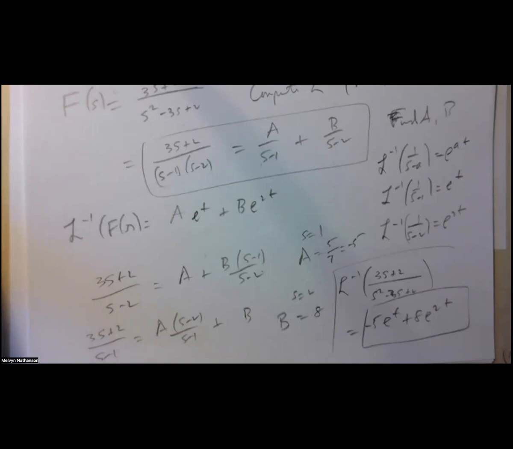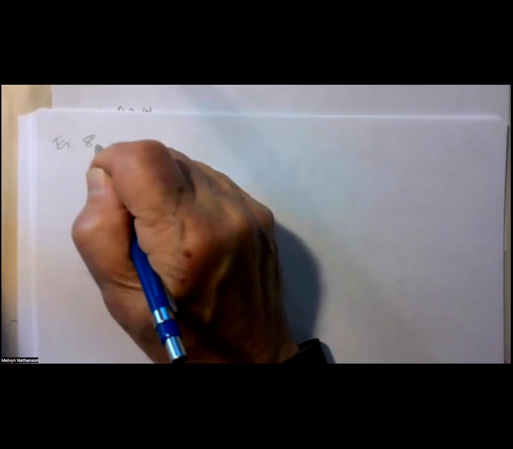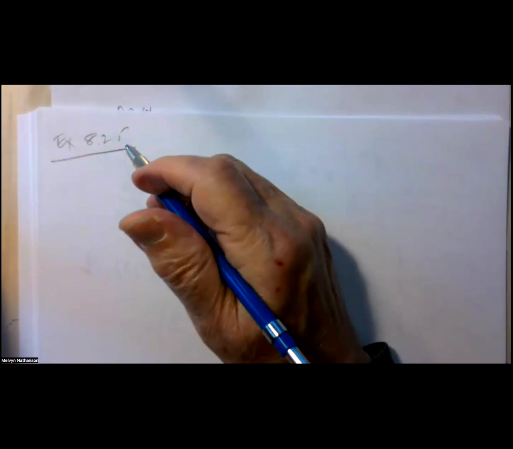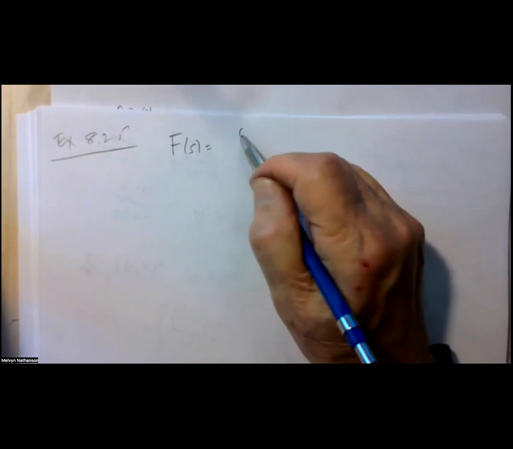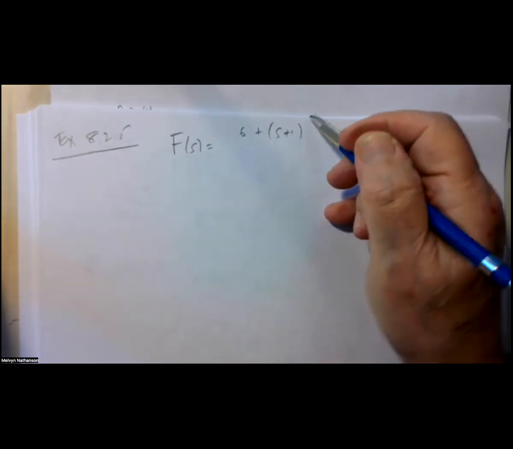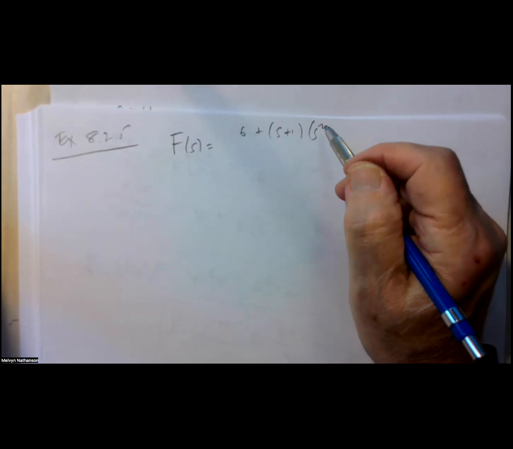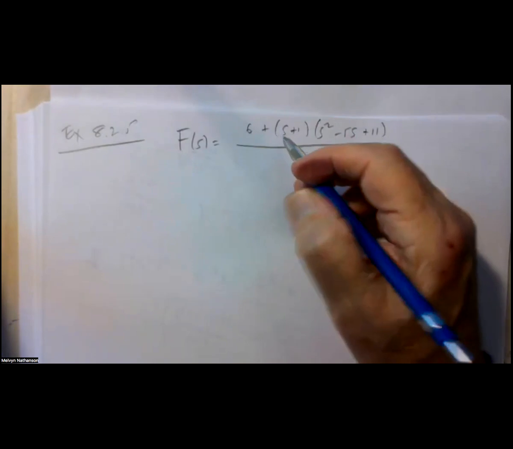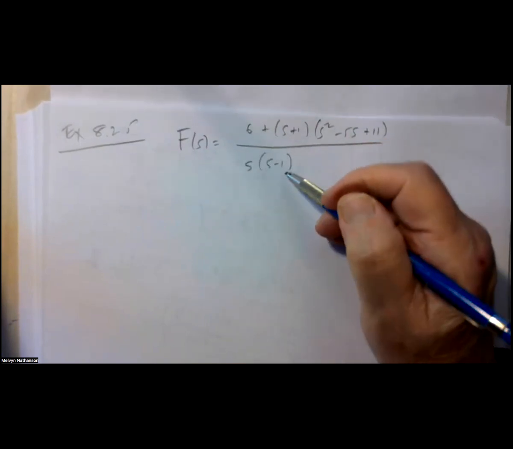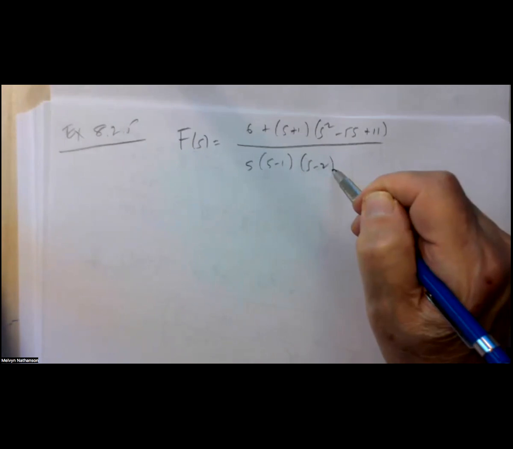So let's look at another example, a little bit more complicated, but still the kind of thing that you need to be able to solve. This is example 8.2.5 in the text. So F(s) is going to be equal to (6 + (s+1)(s² - 5s + 11)) over s(s-1)(s-2)(s+1).